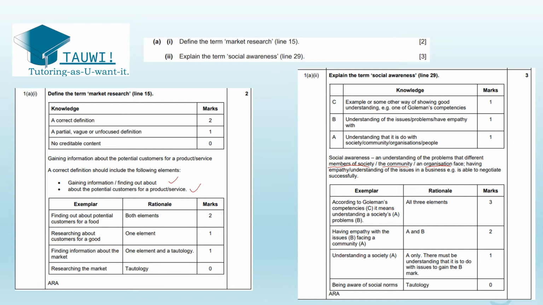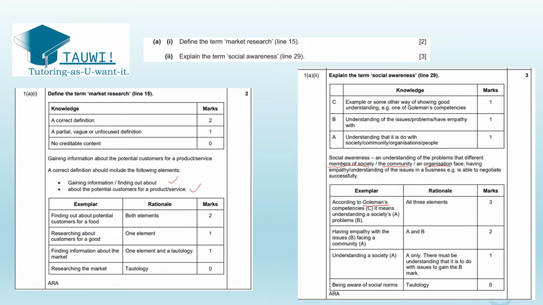So social awareness gives you knowledge. If you have social awareness, you will understand and you will have empathy with society, the community, and you will be able to communicate with them on a correct level. Here's Coleman. Coleman is the guy in your textbook. So remember the name Coleman. It is in your textbook.